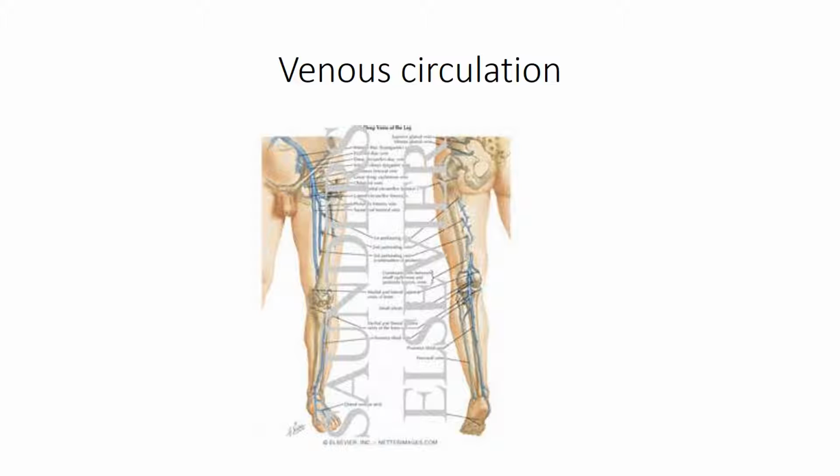You look at the anterior portion, you see the groin area, and then in the posterior you see behind the knee, and that's part of the problem with patients with venous insufficiency.